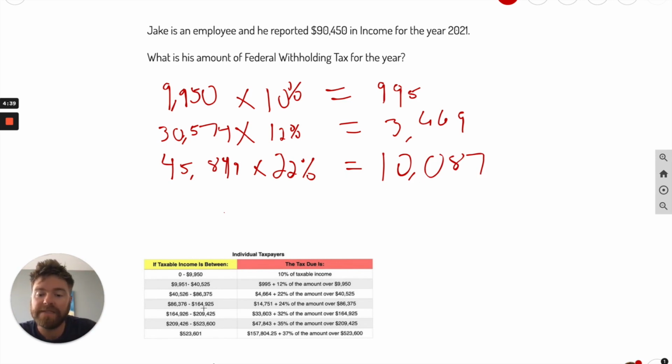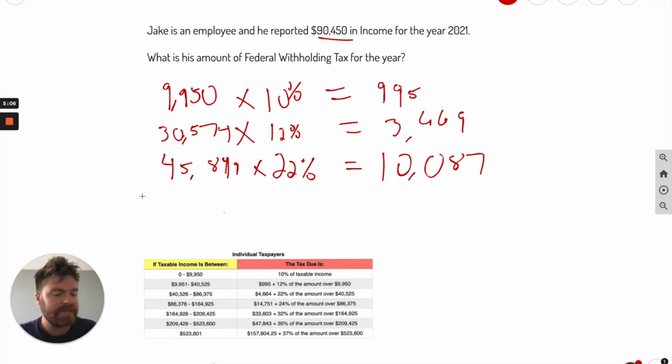Now, the next thing here is going to be between 86,376 and 164,925. So we're going to get the in-between amount here as well. However, we're only up to 90,450, so we don't have to worry about up to that number. So all you do is you take 90,450, which is the income amount that you're reporting, and we're going to subtract out the bottom number, which is 86,376.